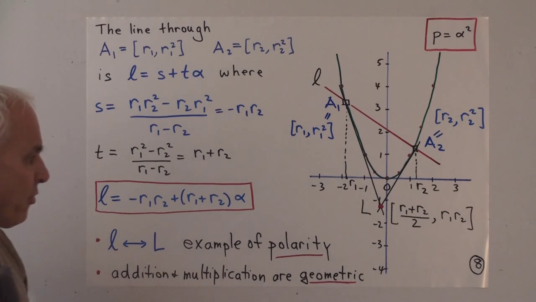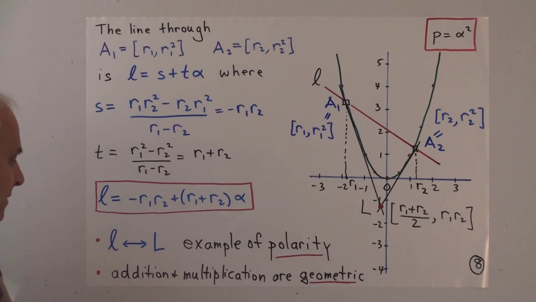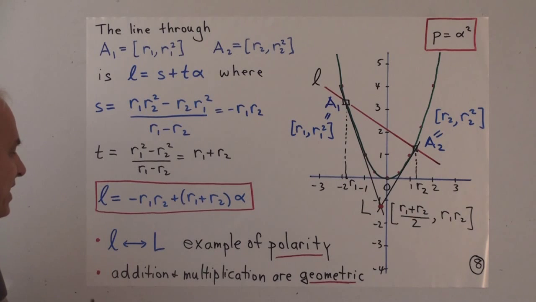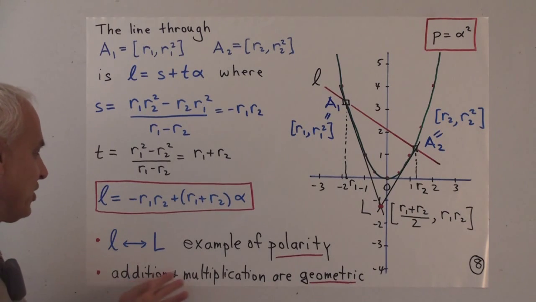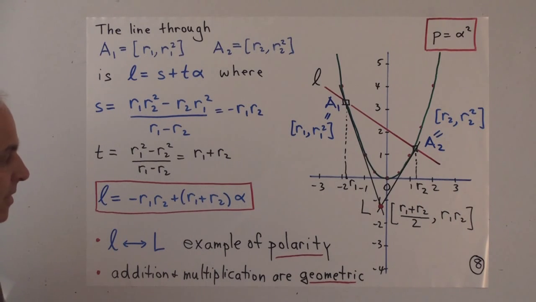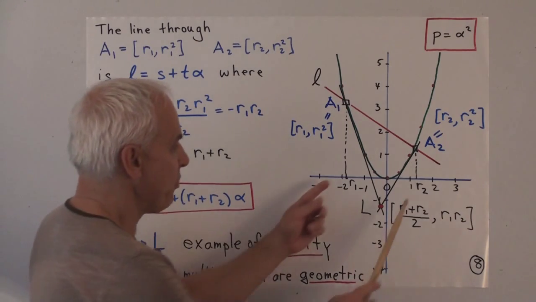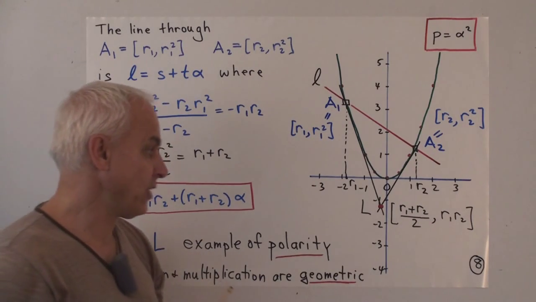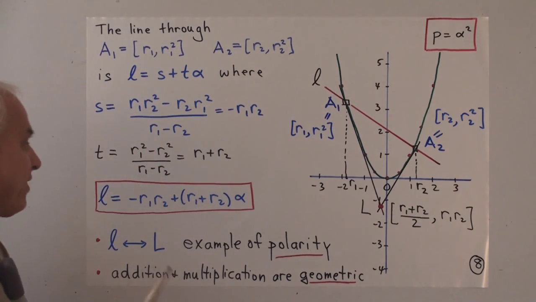There are a few more things to point out here. One is that, given this parabola, we can in some sense find addition and multiplication geometrically inside here. How is that? Well, suppose that you have 2 points, r1 and r2, on the line, and you wanted to add them.